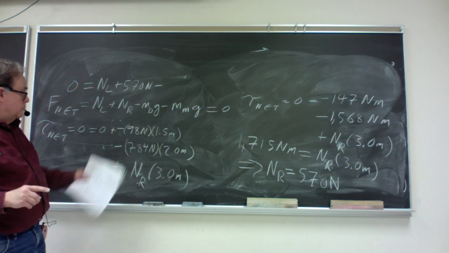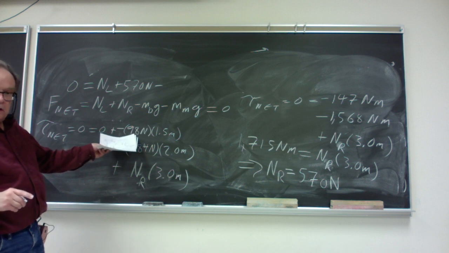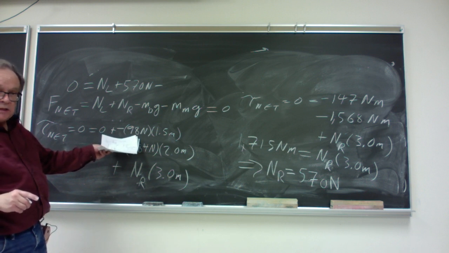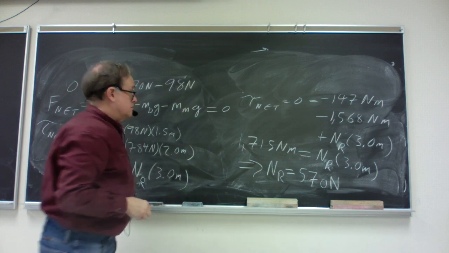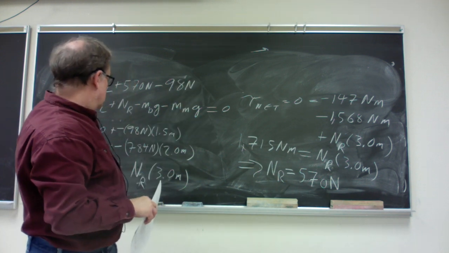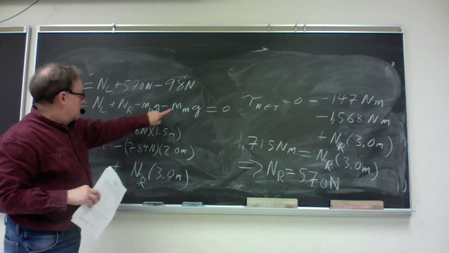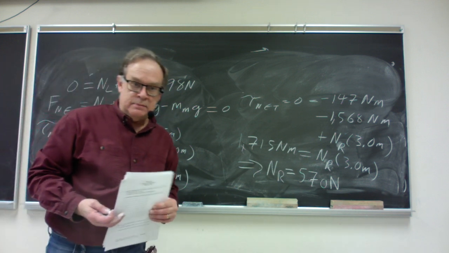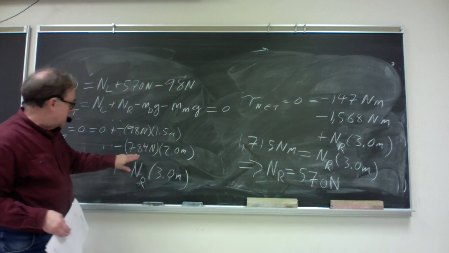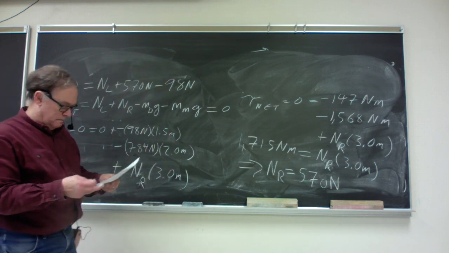And remember, the weight of the board was 10 kilograms times 9.8, that's 98 newtons. Minus my weight, which was 80 kilograms times 9.8 meters per second squared, and that came out to 784.